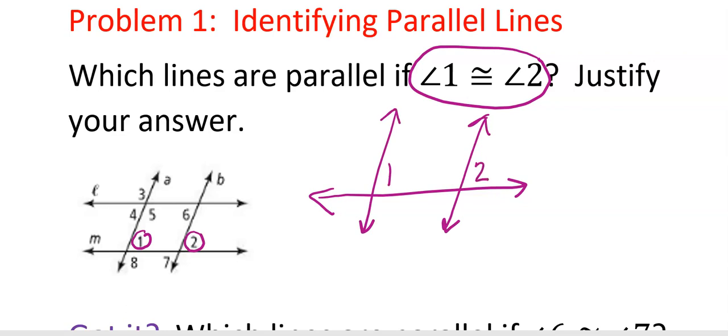I'm grabbing the two lines that go with each one of those, and I'm naming them again. There's M, A, and B. So there will be two lines that look parallel. Those are the ones that are parallel. The other one is the transversal. So the one that cuts through both of them is the transversal. This time that's M.